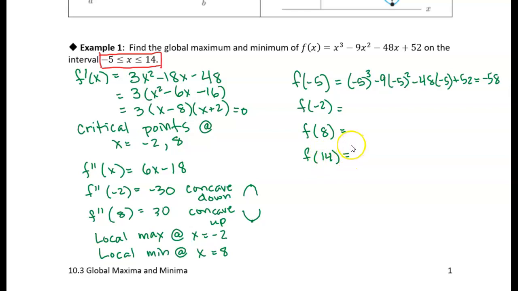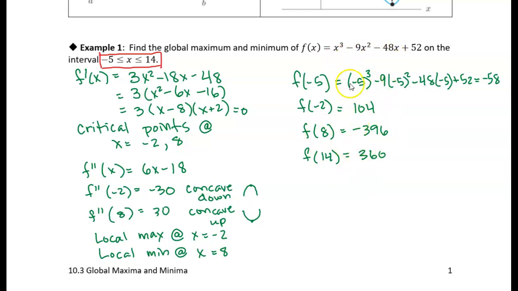I went ahead and did that, just plugging the numbers into the original function, f of x. When I plug in -2, I got 104. When I plug in 8, I got -396. When I plug in 14, I get 360. Just plugging it into the original equation.